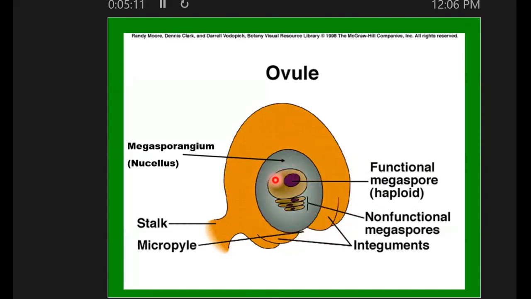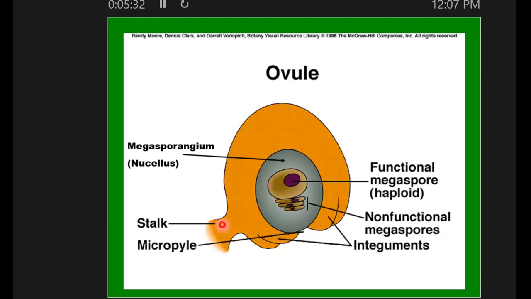Right now what they're showing is the result of that megaspore mother cell going through meiosis. So when that one megaspore mother cell goes through meiosis, you have 4. And you can count those up. There's 4. Only one's going to make it again. So 3 die off. They're trying to show that 3 are dying off, and you're left with that functional megaspore.